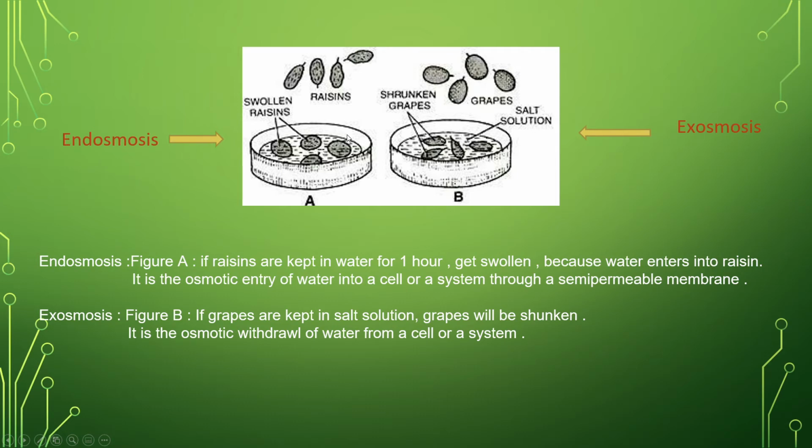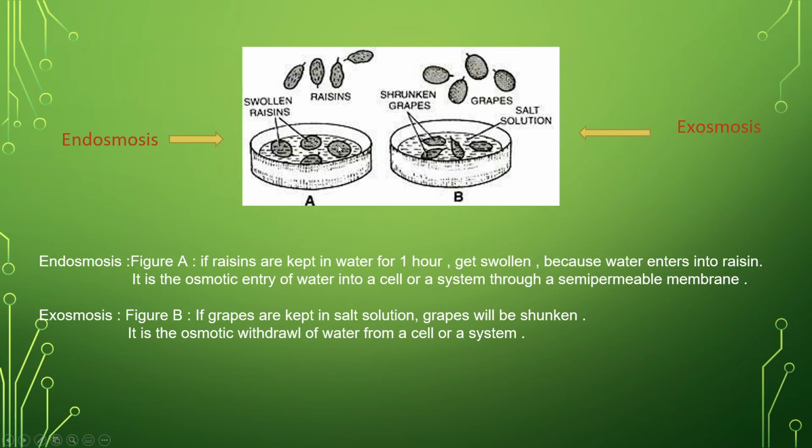So when you see that within a petri dish there is normal water, and within the water some resins are kept, after 1 hour you can see that the resins get swollen. The resins swell because water enters into them. Why does water enter?